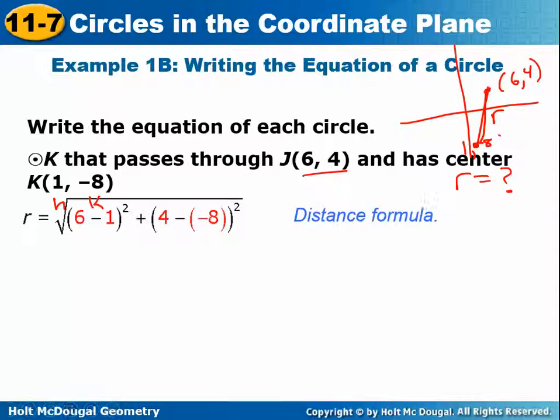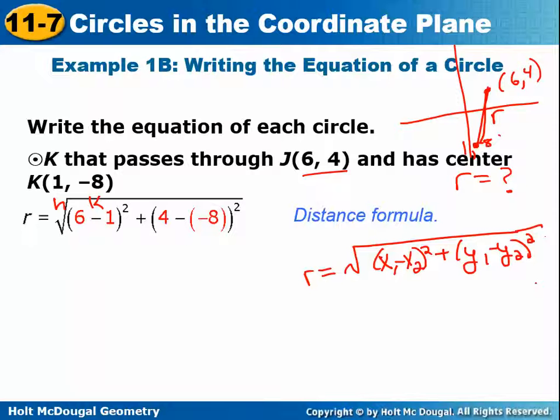So there's the distance formula. You can look it up if you need to, and it will give you the length of the radius. You take x1 minus x2 and square it, and you take y1 minus y2 and square that, and then you take the square root of the whole thing.